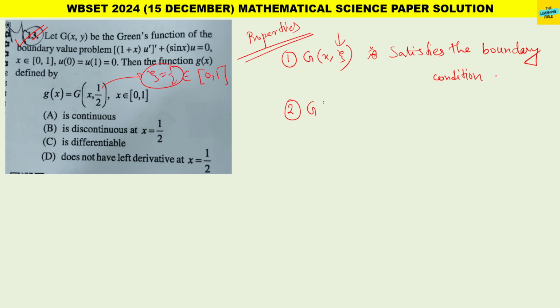Number two, G(x, xi) is continuous. This is the second property. And number three is again the derivative of Green's function.